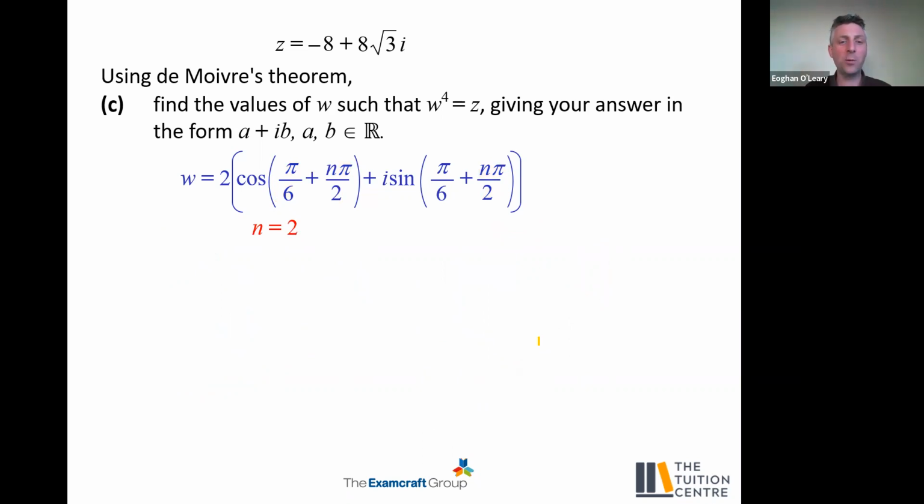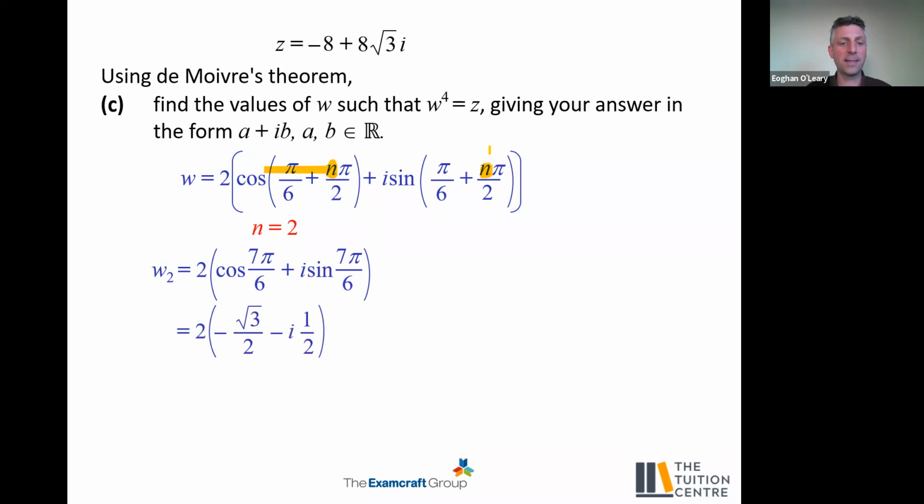We put in n equals 2. So now we're subbing in n equals 2. So we end up with 2 times cos 7 pi over 6 plus I times sine 7 pi over 6. Type it into the calculator, you get minus root 3 over 2 for the cos and minus a half for the sine.